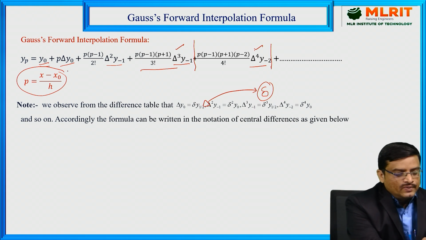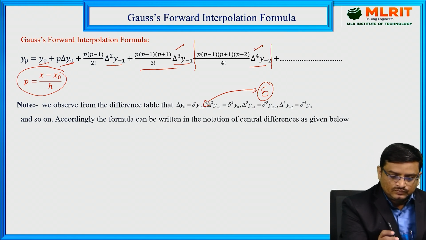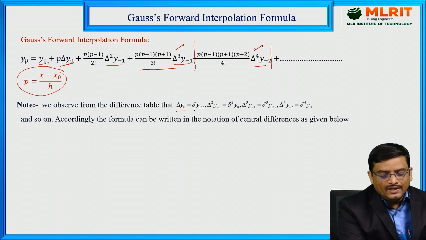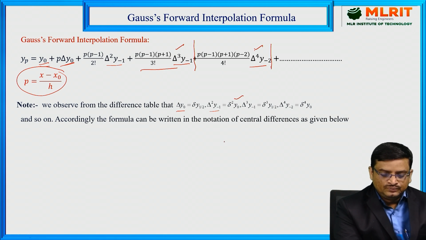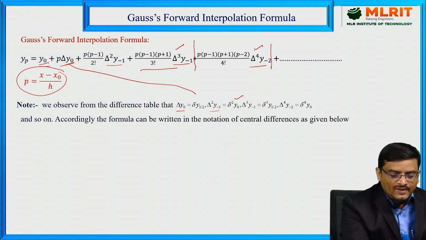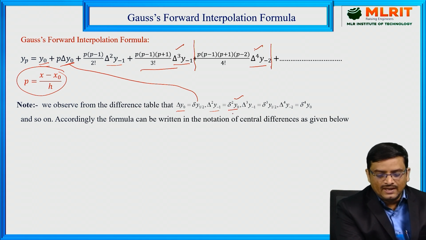So wherever we have delta y naught, we can take that delta y naught as small delta y suffix 1 by 2, and delta square y suffix minus 1 we can represent with small delta square y naught. So in this formula, wherever we have delta y naught, we can represent it with small delta y suffix 1 by 2, and delta square y suffix minus 1 with small delta square y naught.